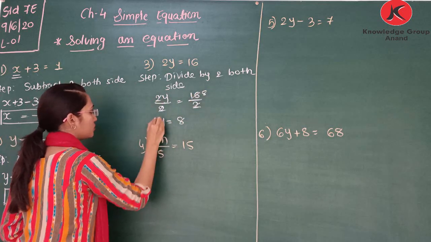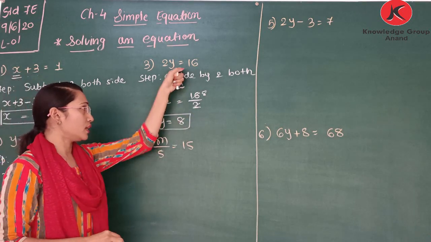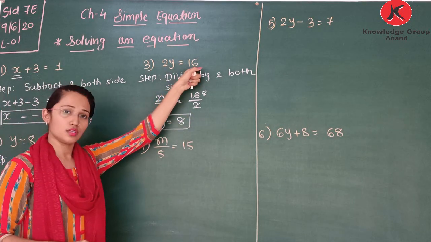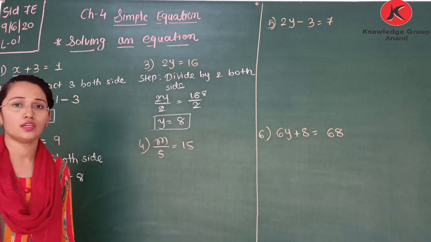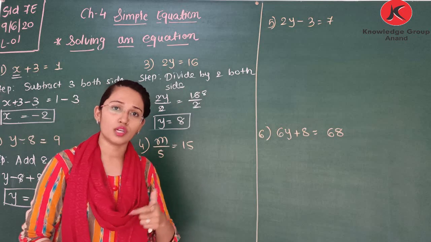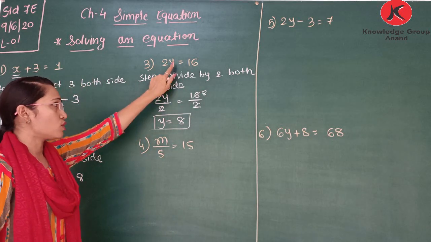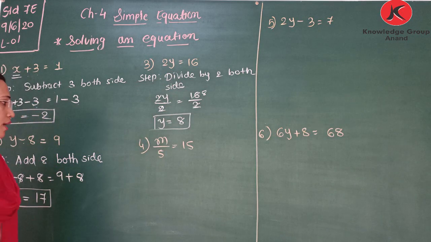If we write the value of y here, 2 8s are 16. So what is the value of y? It is 8. Here 2 is in multiplication, so we need to divide to remove 2 from 2y because we need to find the variable y.